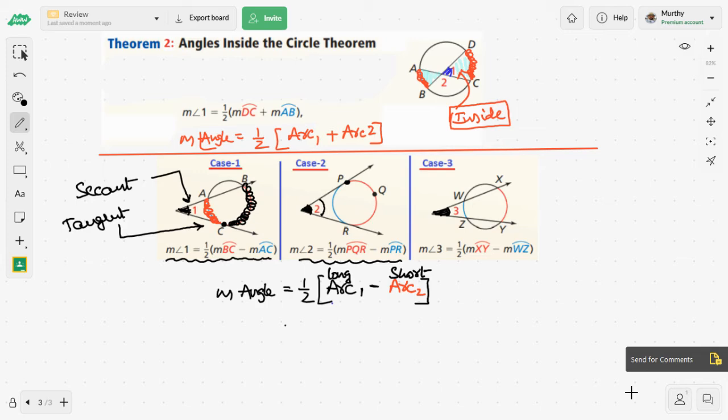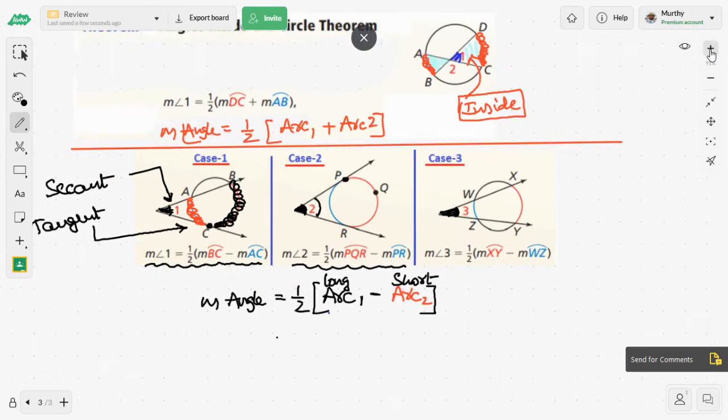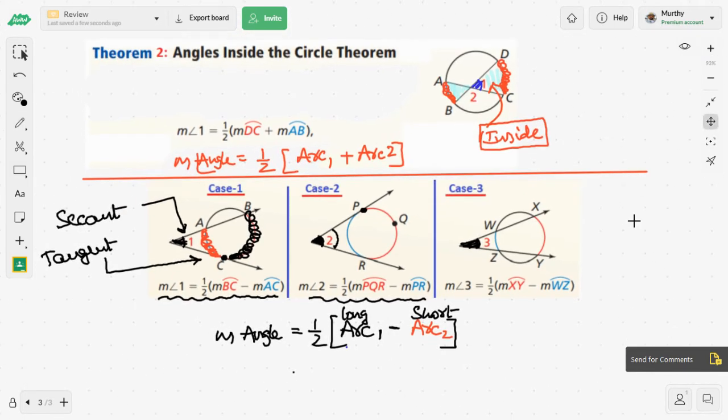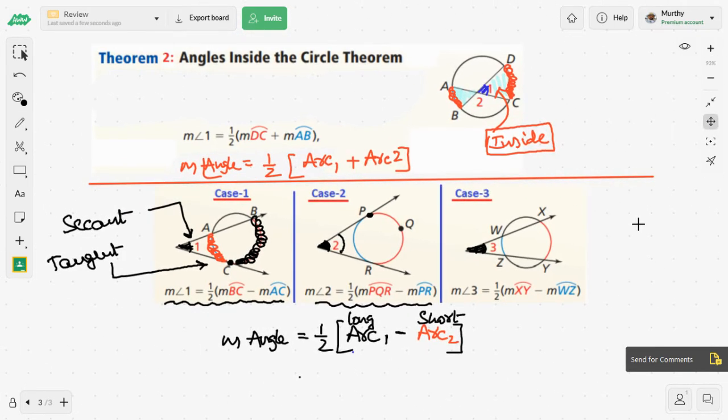So please remember, if the angle is formed inside the circle, in the interior, then we are adding the lengths of the associated arcs.